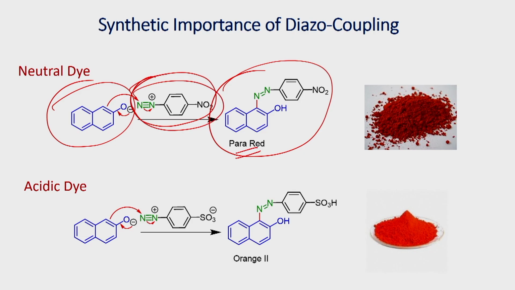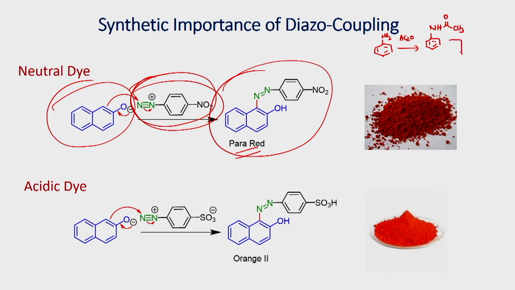If you look at this reaction, we have already seen the preparation of this diazonium salt. For example, if you have aniline, you can try to convert it into para-nitroaniline. First you react with acetic anhydride, then you will have acetanilide.